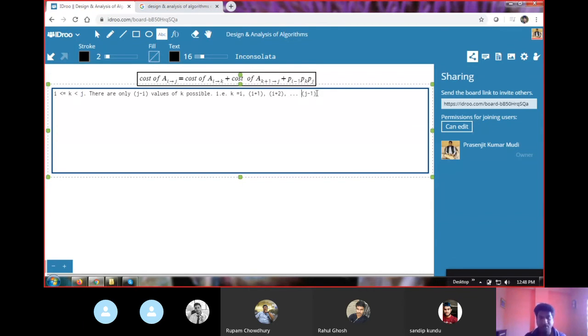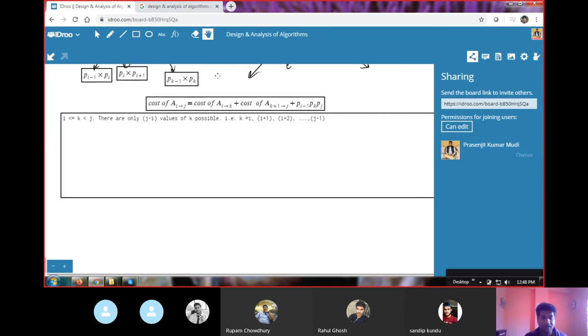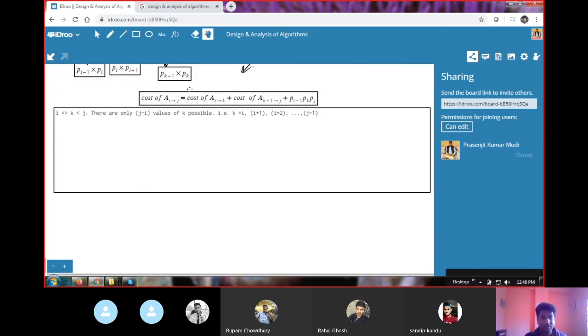These are very important because we want to formulate and develop the algorithm. So the model we had is cost of A i to j computed as the sum of cost of A i to k plus cost of A k plus 1 to j plus p i minus 1 p k p j. So what is the value of k here? It varies from i to j.